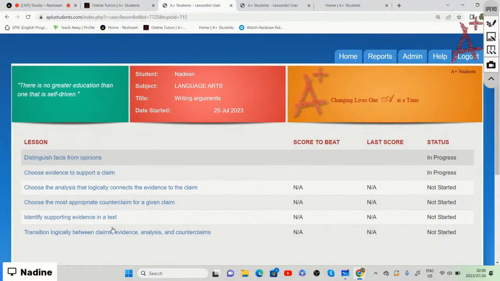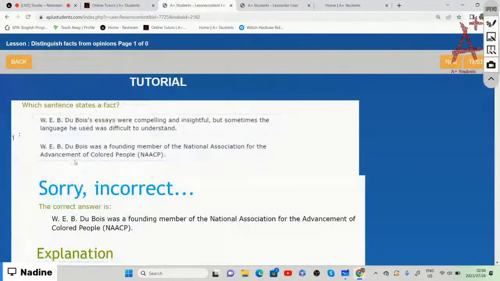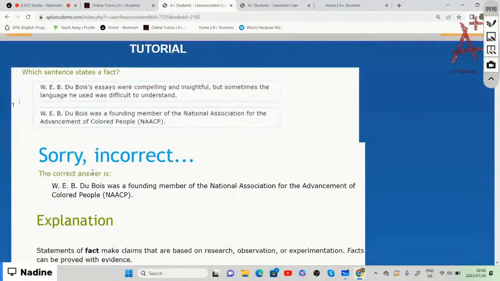And remember, there's nothing wrong with giving your opinion. However, when stating your opinion, it should mainly be an add-on to the facts that you have listed. So we're going into the first lesson, which is distinguish facts from opinions.